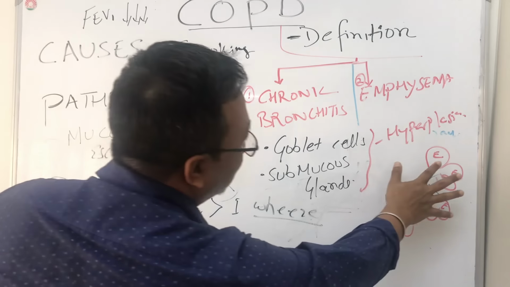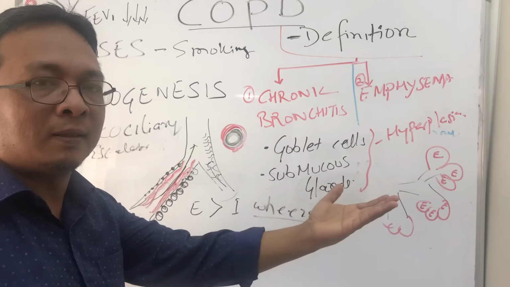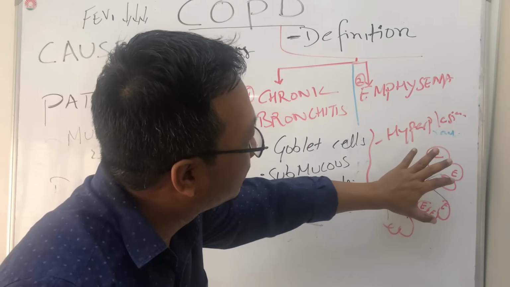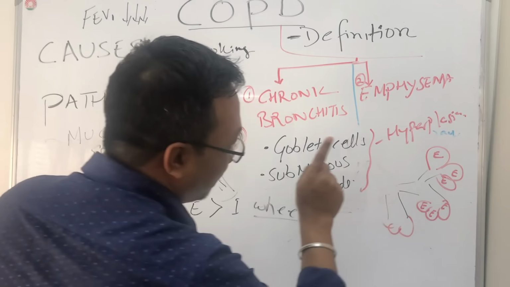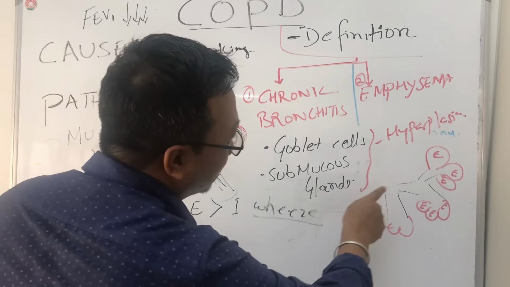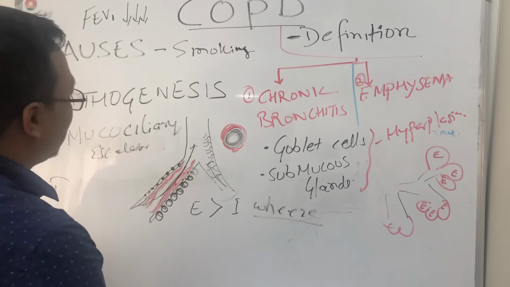So emphysema is a disease of the terminal ducts, where the alveoli are. We'll go into the details in pathogenesis. So this alveolar septa you see here.